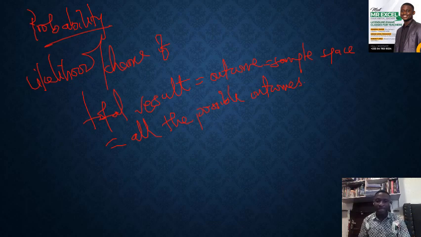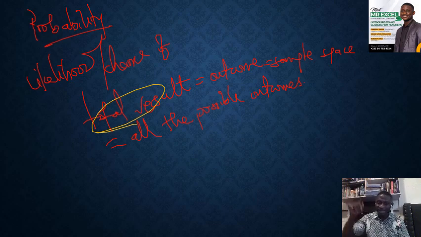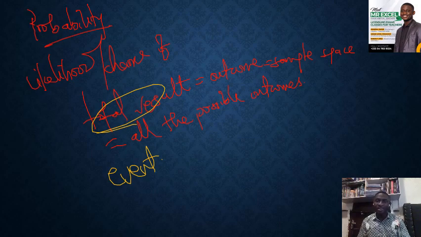Now, having identified what the total result is, we need to also find out what the event itself is. So the next is the event. We have said that probability always tries to look at two things.